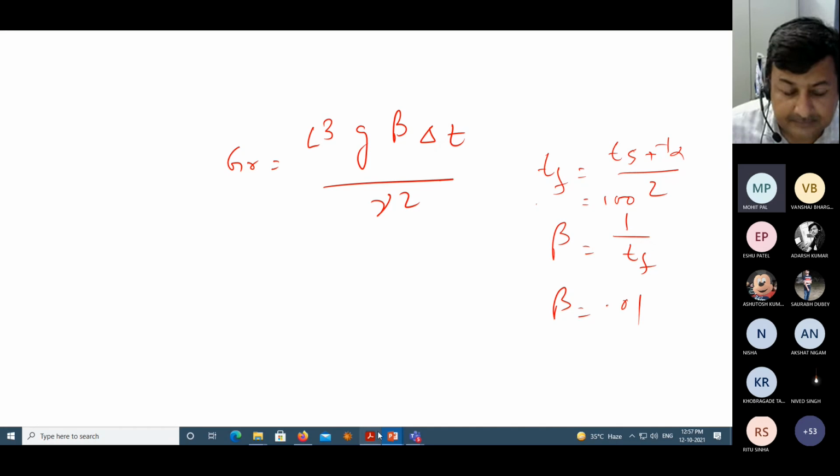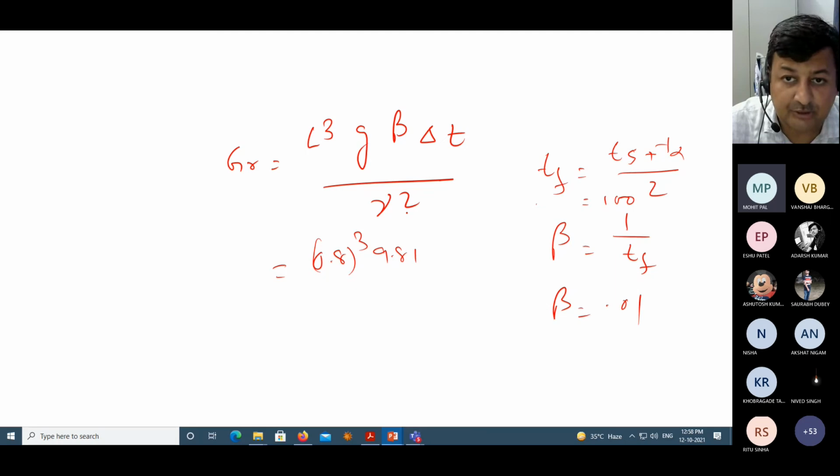How much is the Grashof number coming? L cubed, with L as 0.8, right? And 0.01. Sir, it is approximately 26,160. No, more than that.